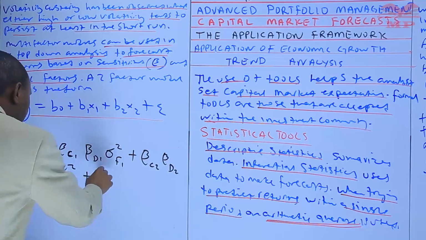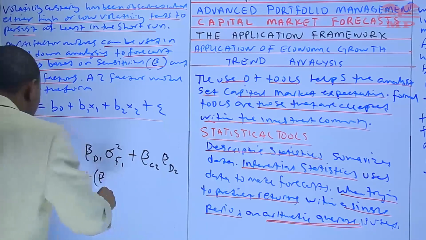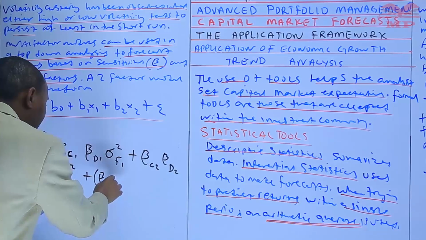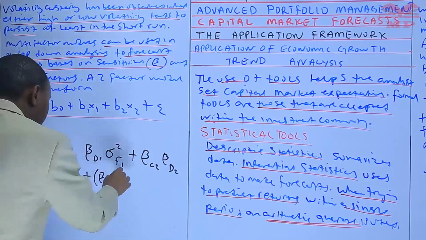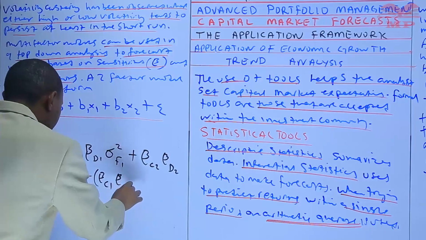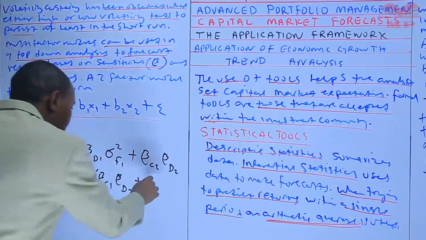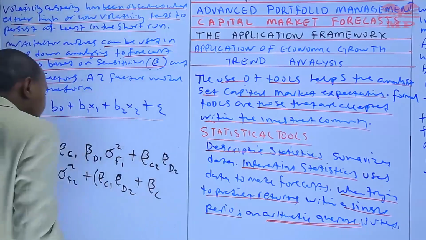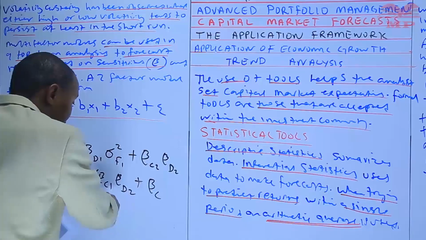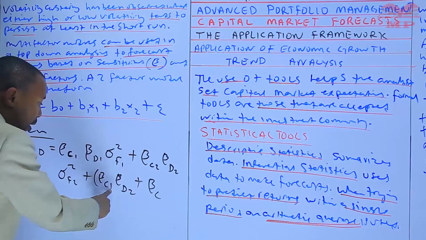we have the beta for market C, factor 1, beta for market D, factor 2, plus beta C for the second factor. So we've done first factor, second factor.